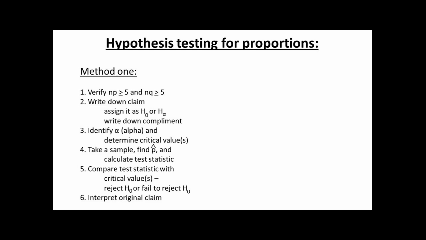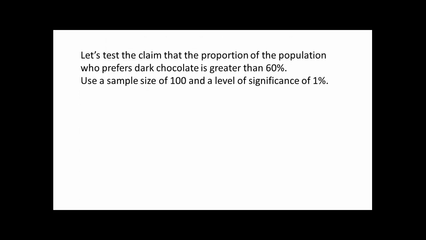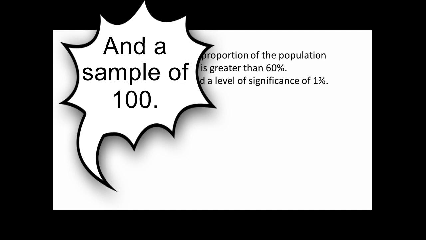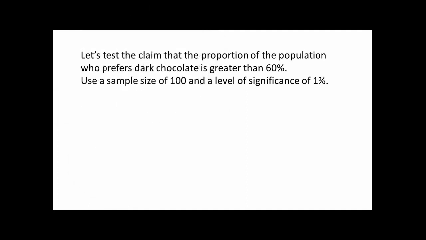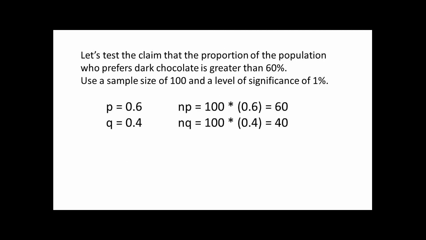For example, let's test the claim that the proportion of the population who prefers dark chocolate is greater than 60%. Use a level of significance of 1%. First, we verify that np and nq are both greater than 5.